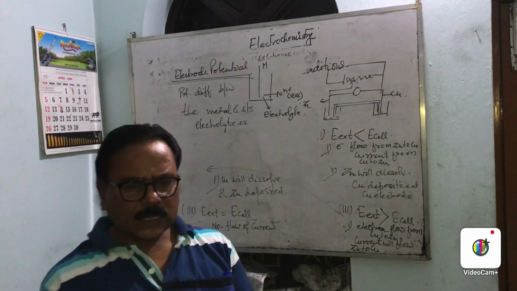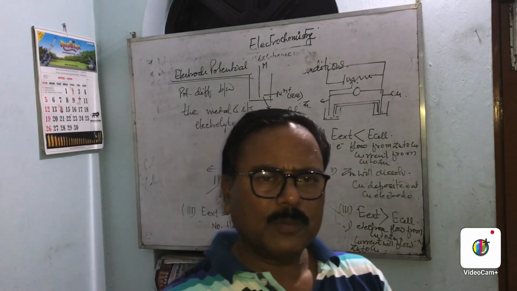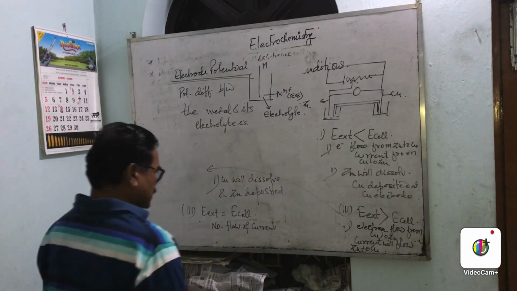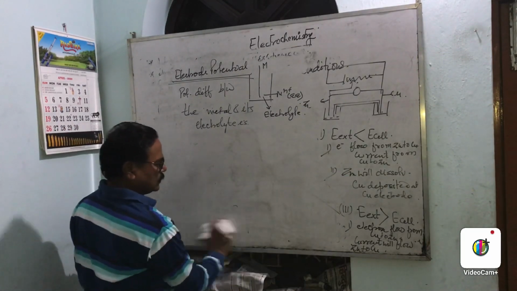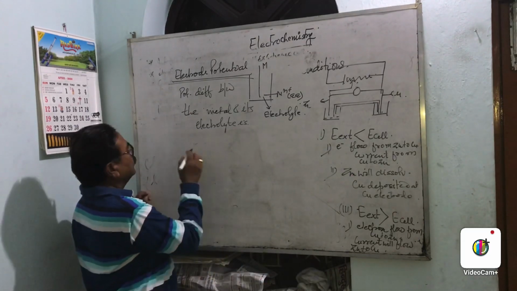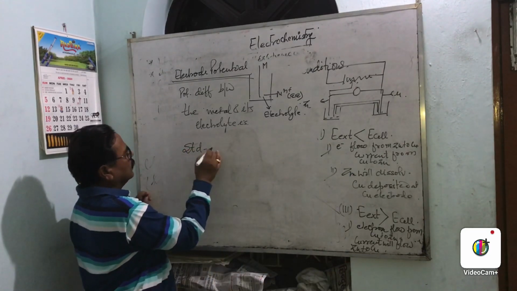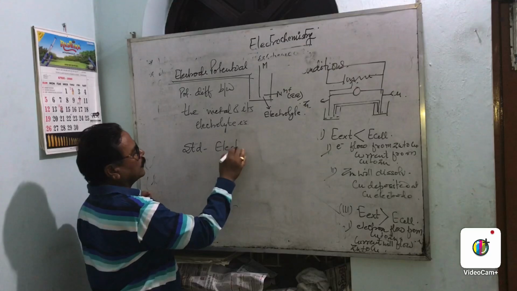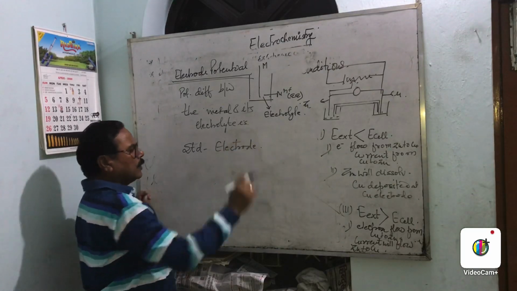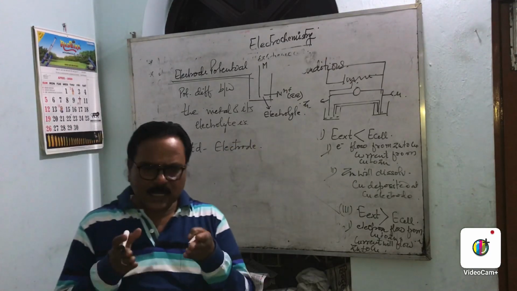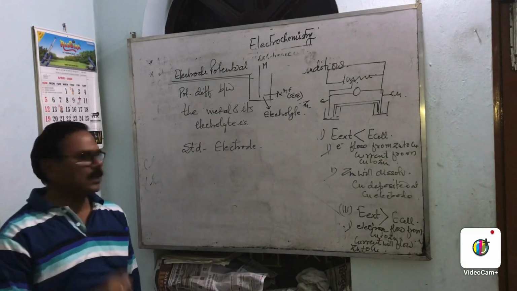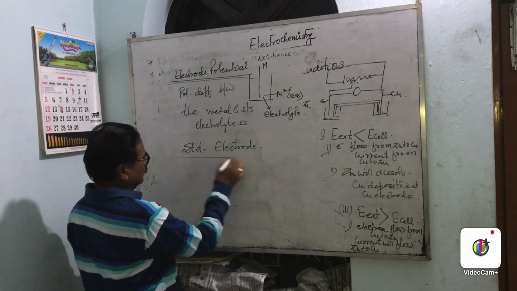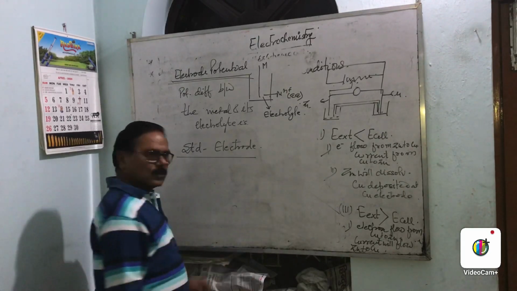Now what is the standard electrode potential? And what is the standard electrode? First we know the standard electrode. The electrode which is set up at standard condition, by maintaining the standard condition, is called the standard electrode. Suppose hydrogen is a gas.